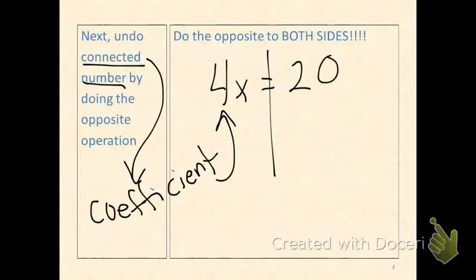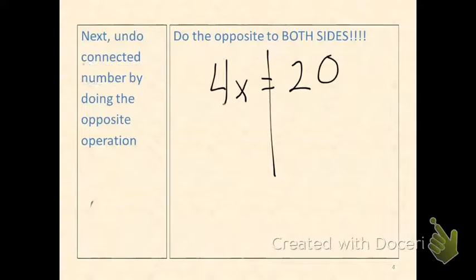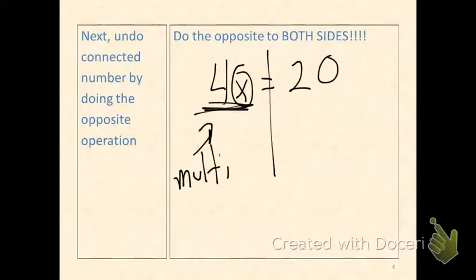So we have to undo the coefficient by doing the opposite operation. So we look here, this x is being multiplied. Well, what's the opposite of multiplication?